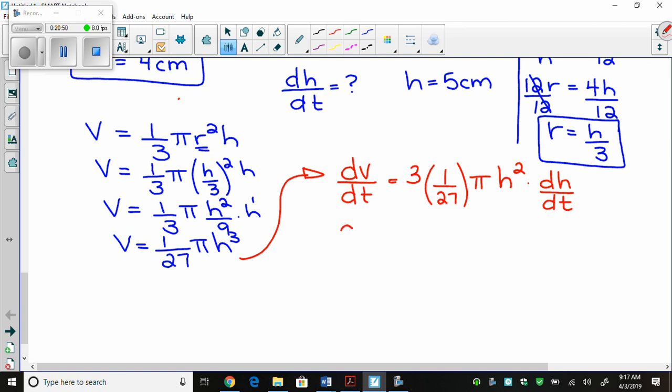So we get dV over dt equals 1 over 9 pi h squared dh over dt. This h is the changing h, right? So 5 centimeters. Oops, I didn't fill in for dV over dt. What was dV over dt? 1.5.